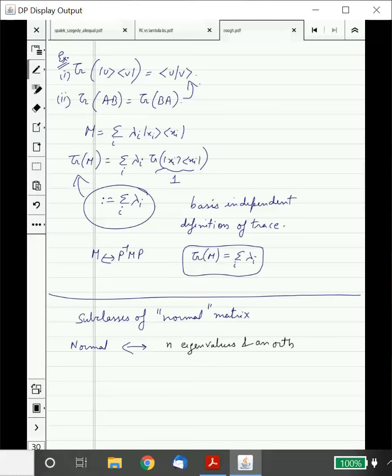These n eigenvalues need not be distinct, and then there is an orthonormal basis. It is easy to show that if you have any n complex numbers and an orthonormal basis, again because you can write the spectral decomposition, the corresponding matrix will turn out to be normal.